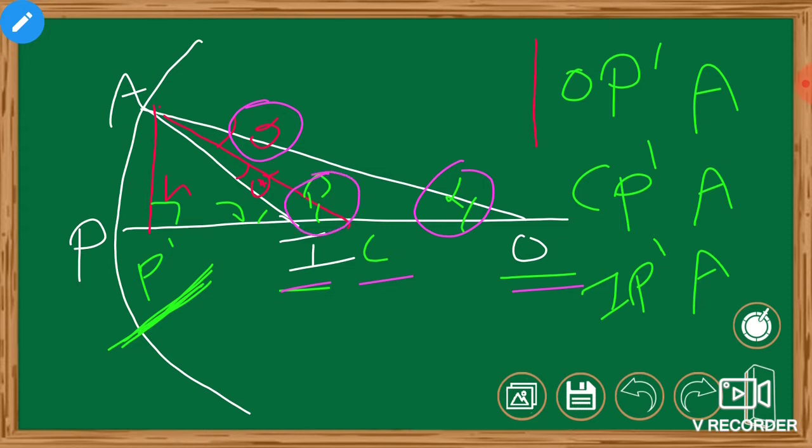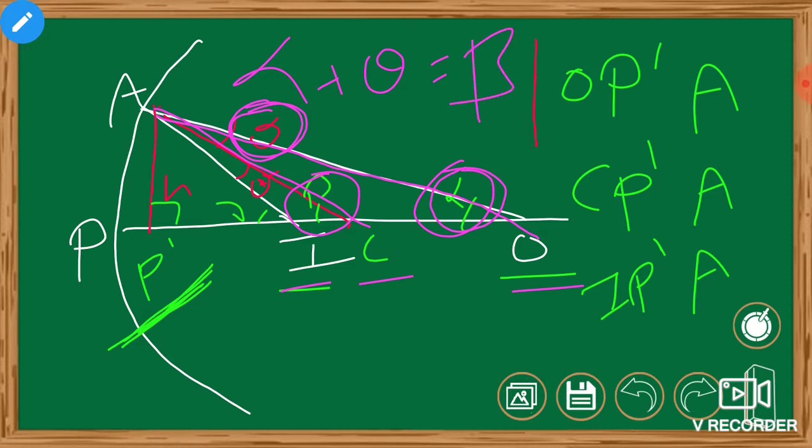triangle. Here I have taken, let us consider triangle OAC. In this OAC triangle, the summation of the interior angles, alpha and theta, is equal to the exterior angle beta.